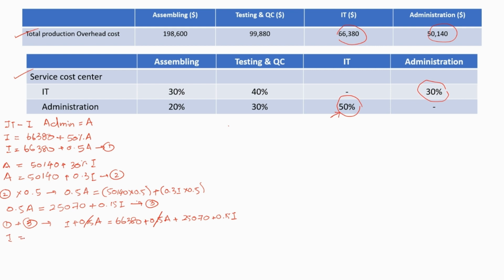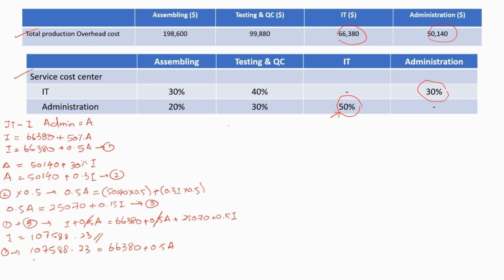I is equal to 107,588.23. This is the total production overhead cost for the IT service cost center after the reapportionment. Using this I value, now let's find the value for A. So I am going to assign this I value to the first equation.